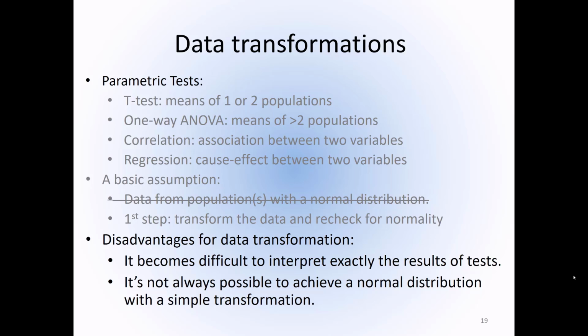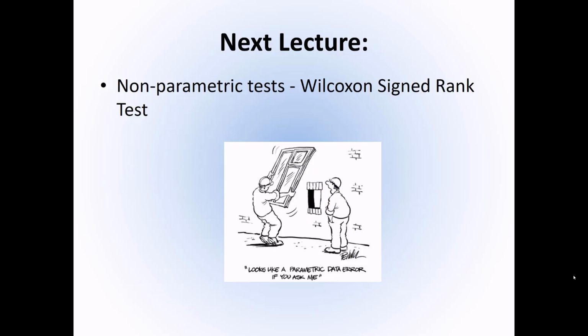The other disadvantage is that as we start transforming our data, it gets more difficult to interpret what the log of kilometers means or what the square root of the length of an animal means. It becomes difficult to interpret at times. And so, in addition to data transformations, when we violate that assumption of normality, we can use non-parametric tests in which to address the same questions.